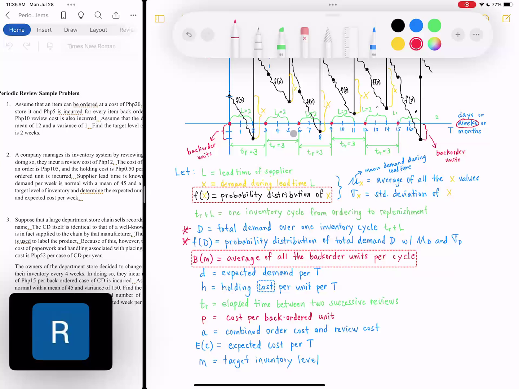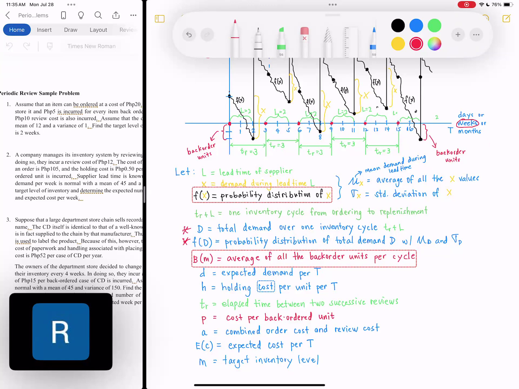In this example, if your TR is 3 weeks, so your capital T is in weeks, then your expected cost formula will give you the expected cost per week.